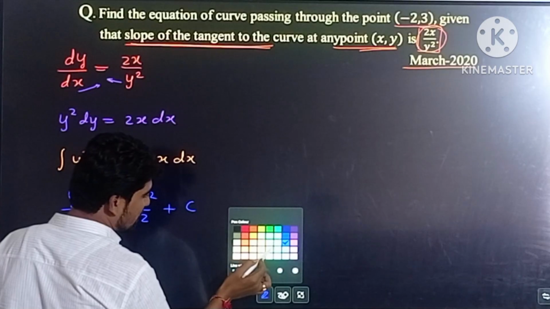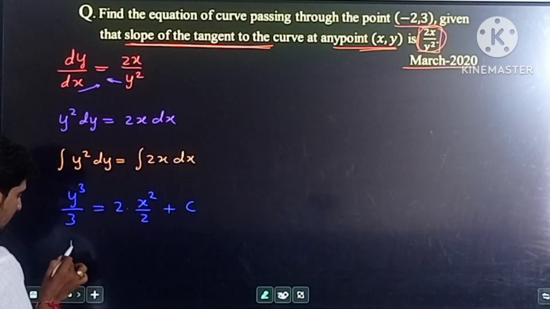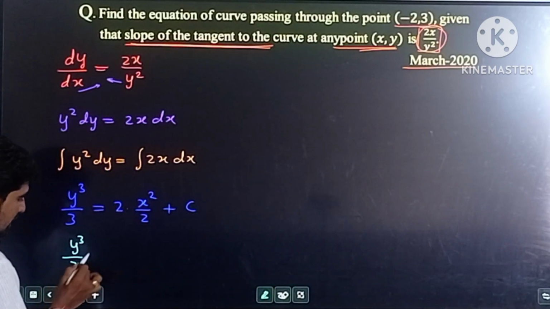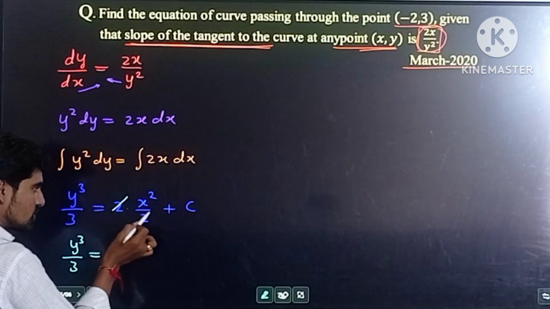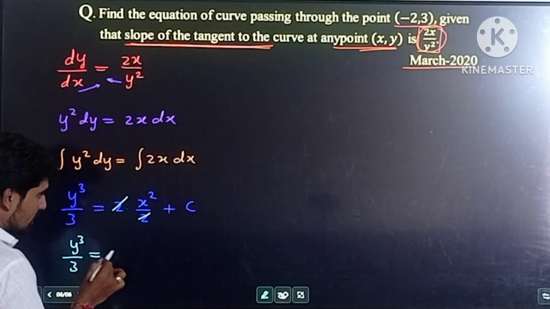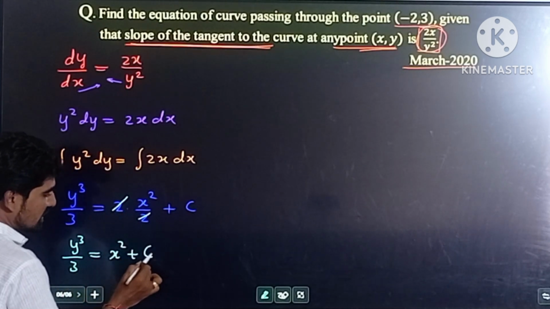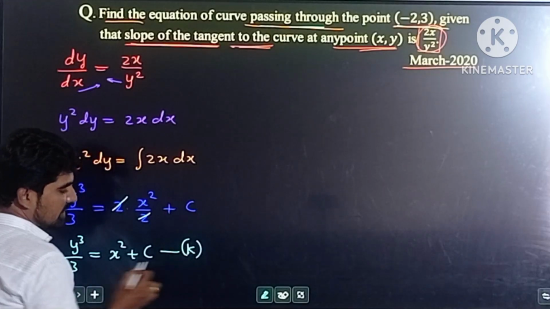Now y cube divided by 3 is equal to, here I can cancel this 2 from numerator and denominator, we get x square plus c. Call it equation k.